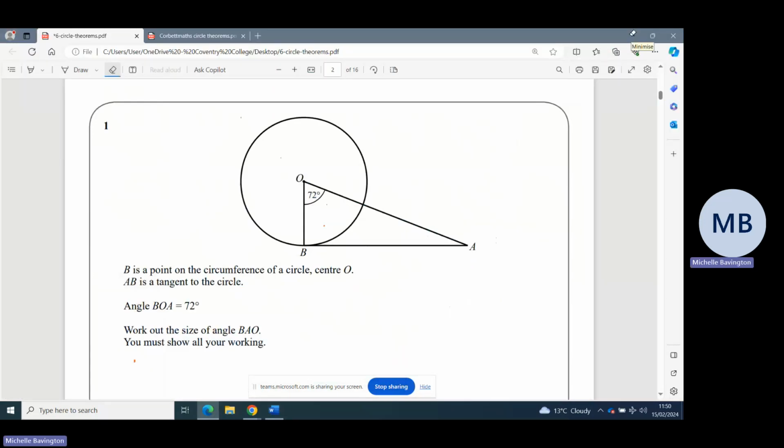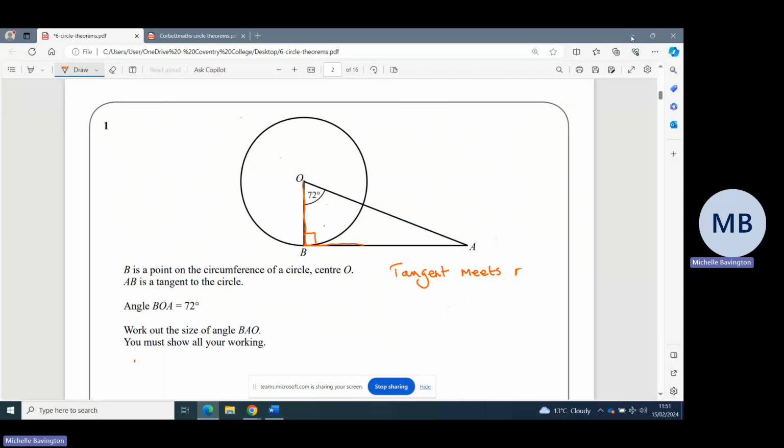I'm now going to answer about 13, 14 questions using these rules. Okay, I'm going to use red. Right, so tangent meets radius at 90 degrees.